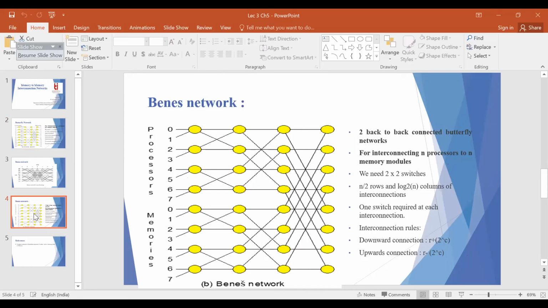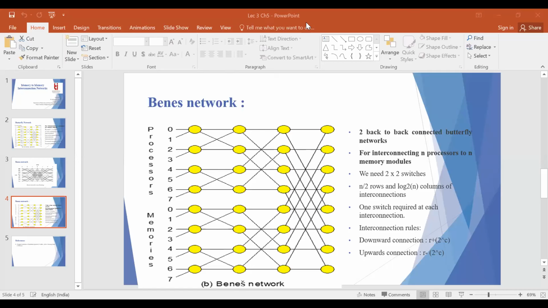A Beans network is two butterfly networks connected back to back, right? If we observe the butterfly network, and I divide the butterfly network by two, and then for the same configuration connect two butterfly networks back to back, I'm able to achieve a Beans network. Well, we do have formulas for calculating how the interconnections are done here also. So I've written also: two back to back connected butterfly networks make a Beans network, right?